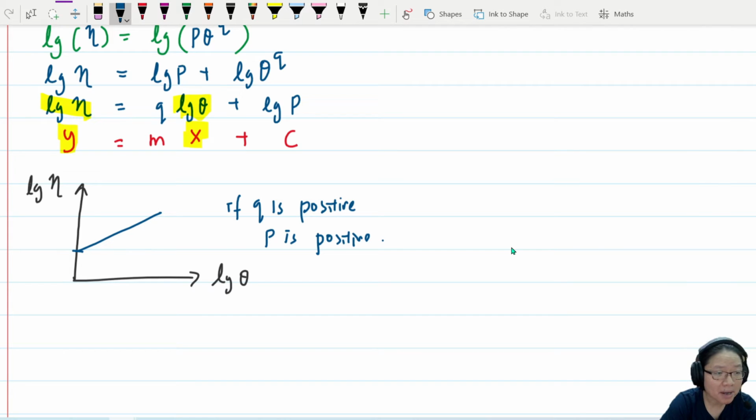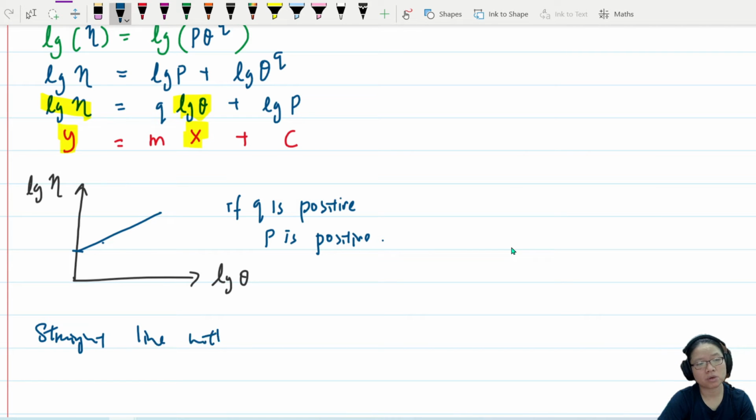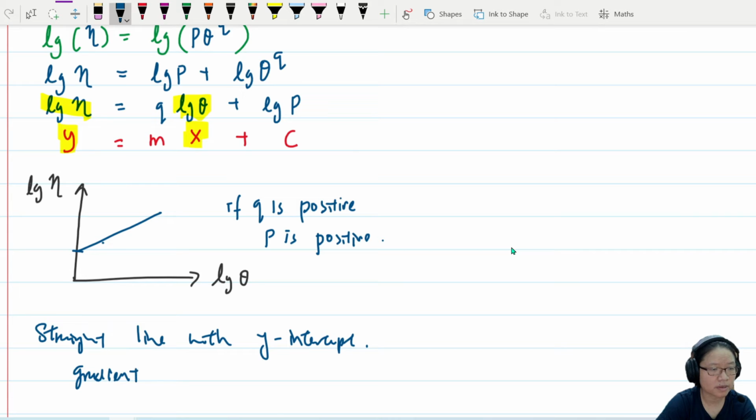But in this case, you should get something that is a straight line with y-intercept. So it doesn't pass through the origin. And in this case, your gradient m is equal to q.